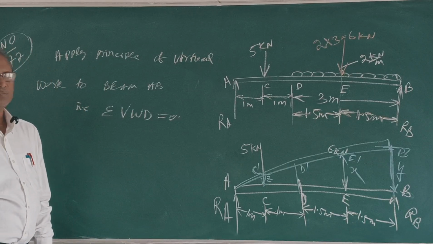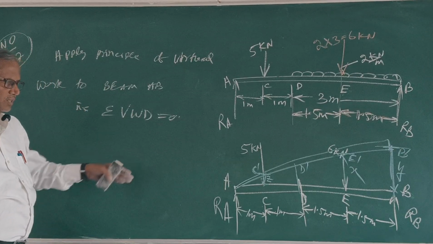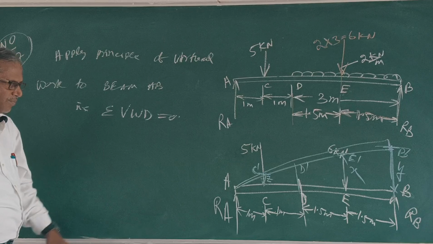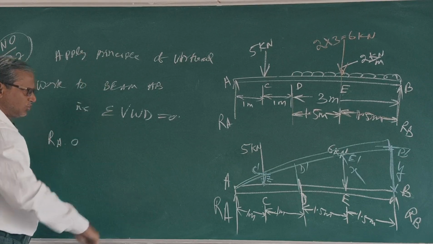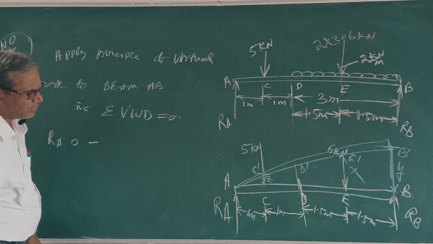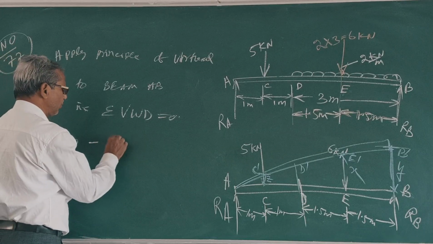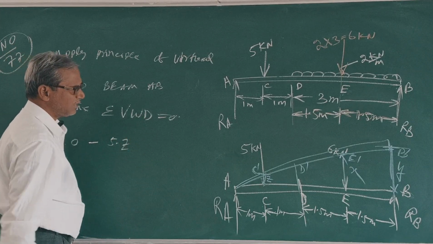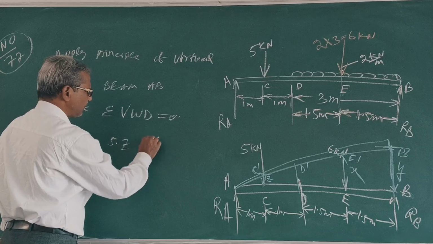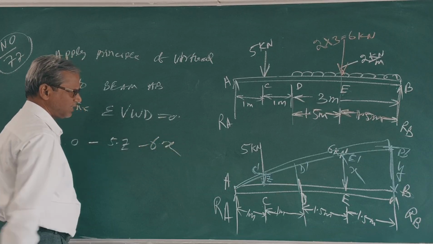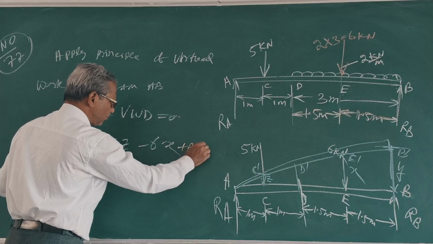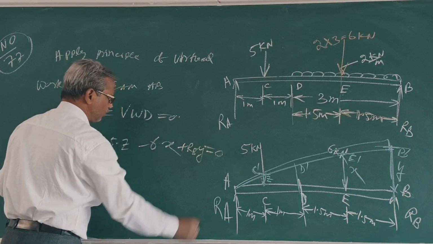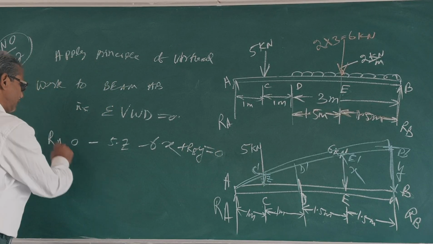Now start from this side: RA into 0 minus 5 into ZA minus 6 into XA plus RB into Y is 0.